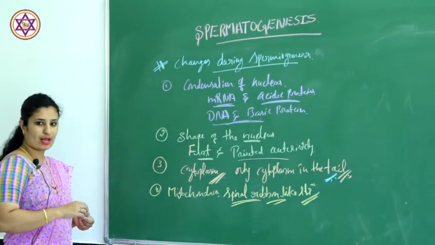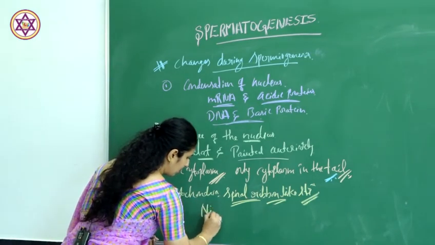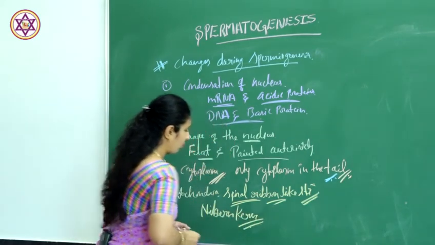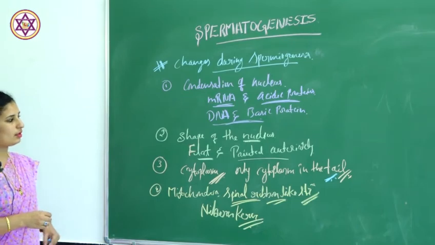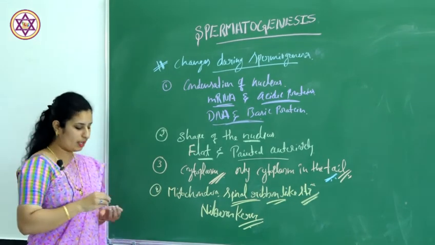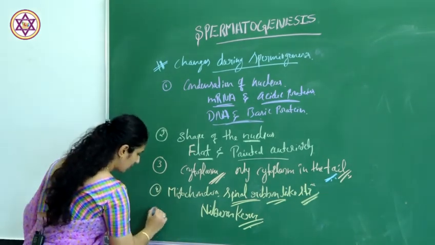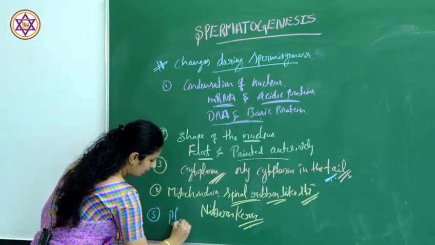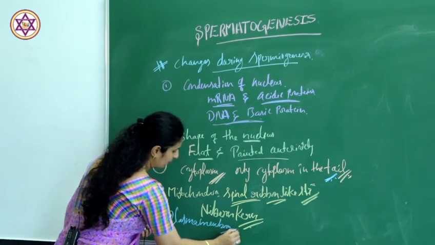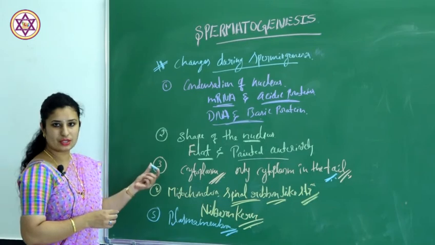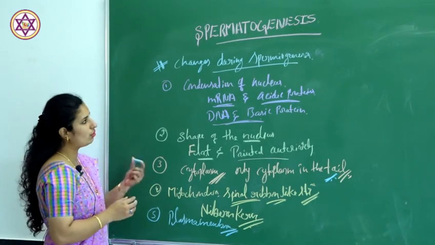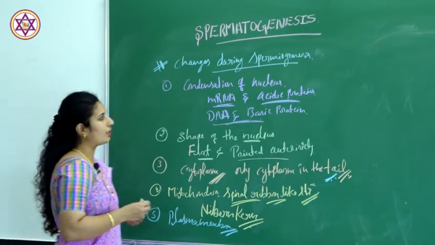That is known as the Nebenkern. The whole structure is covered by the plasma membrane. These are all the changes that occur during spermiogenesis, that is, the changes from spermatids to the motile, active sperm.